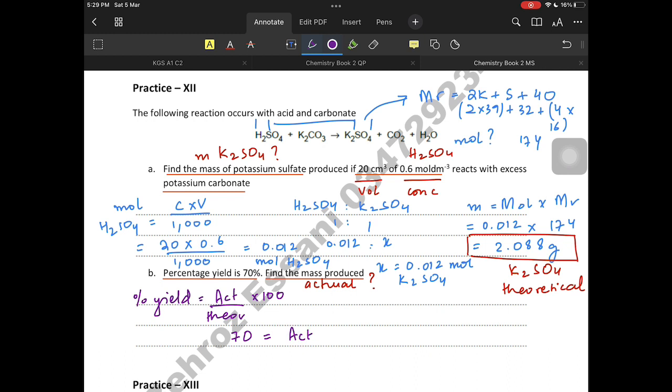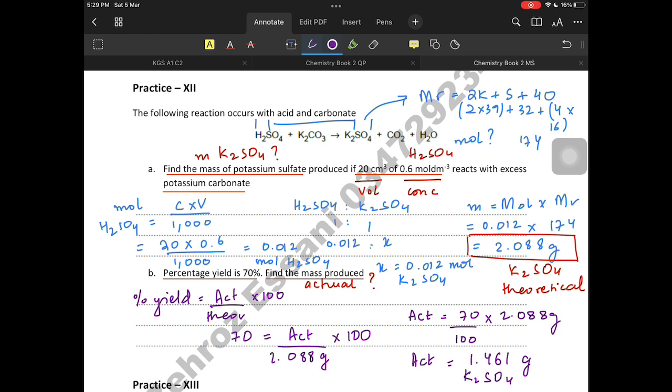So 70 is equal to the actual divided by the theoretical, which is 2.088, times 100. If we make actual the subject of this equation, actual is equal to 70 divided by 100 times 2.088 grams. Obviously the answer is going to be smaller than 2.088, and it turns out to be 1.461 grams of potassium sulfate. So see, actually it's lesser, but theoretically we calculated it to be more.